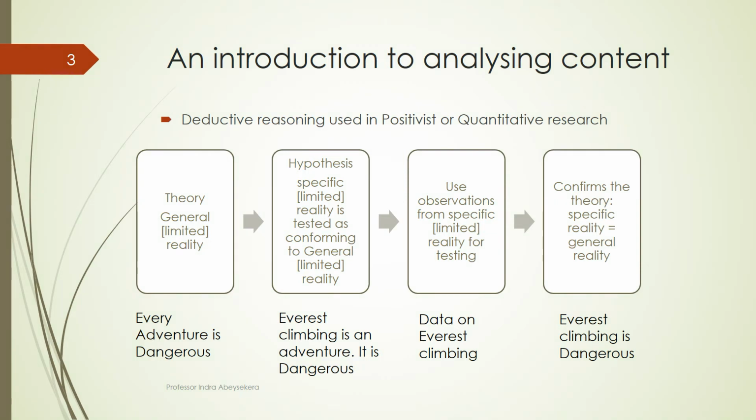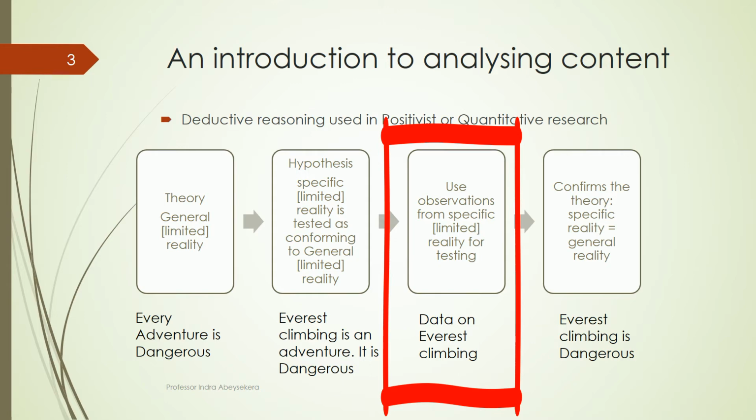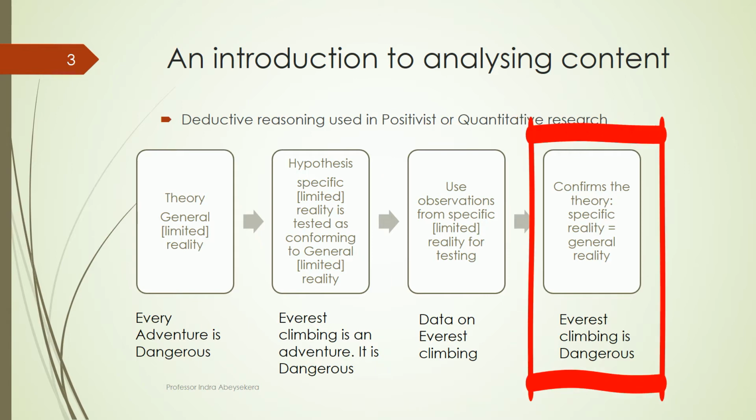dangerous. So the next step is to use observations from the specific reality relating to our problem or question. So we get the data on Everest climbing. And analyzing data, we get to the next stage, which confirms the theory, whether the specific reality is equivalent to the general reality.